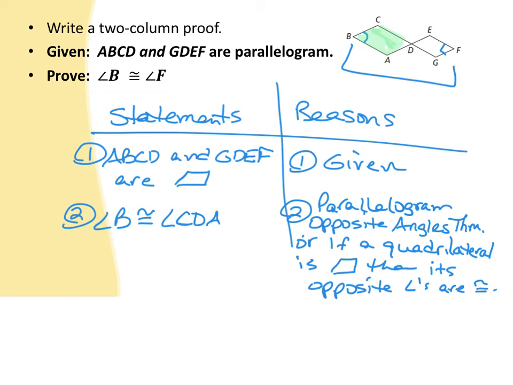So you can either restate what that theorem says or give me the name. Now, since I've already got all of those words written, I'm also going to say the same thing about this little parallelogram. And I'm going to also, in that same statement, say that angle F is congruent to angle EDG.